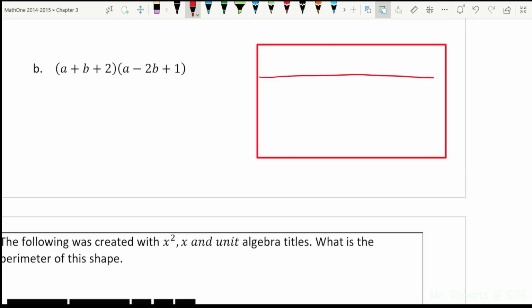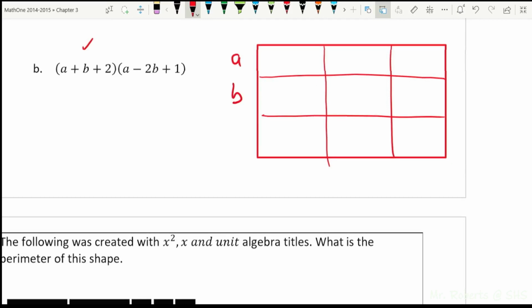So I'm going to go 3 this way, and then 3 things this way. And I'm just going to write these down. From top to bottom, I'll use this one first. I've got an a plus b plus 2. And then across the top, I've got an a, and then I've got a negative 2b, and then I've got a 1.